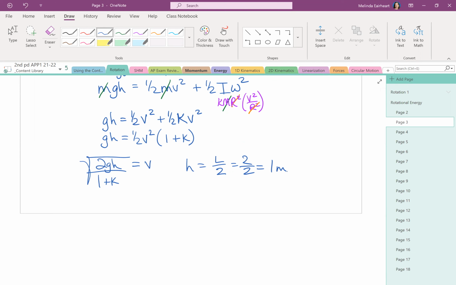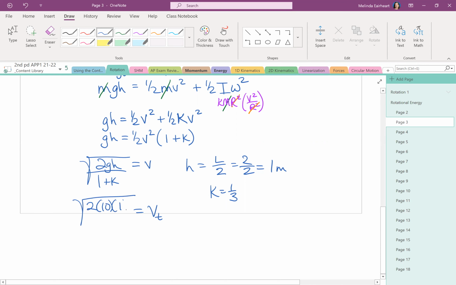K wasn't given. I forgot to put that in. So you don't have to memorize it. But the K for a rod that's attached on one end, 1/3. And so this is actually going to be a tangent linear velocity of the center of mass. So it's okay. We can work our way back. And so 2GH, I'll plug in a 10, I'll plug in the 1, and then 1 plus 1/3.